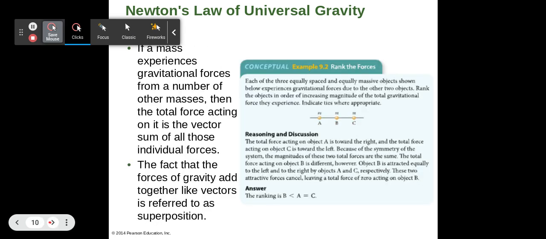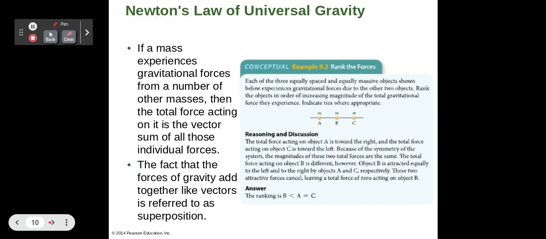Okay. So here's a conceptual example, and a lot of times those are the ones that really get us because we have to really think about those. We can't just plug into a formula. If a mass experiences gravitational forces from a number of other masses, then the total force acting on it is the vector sum of all those individual forces.